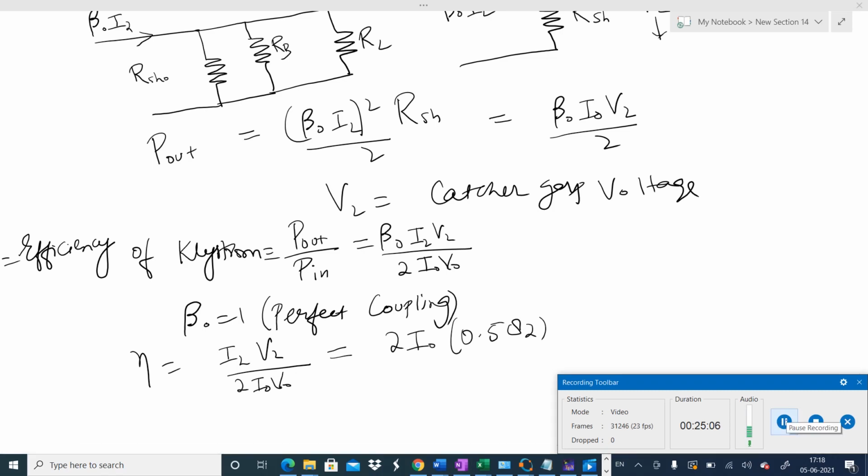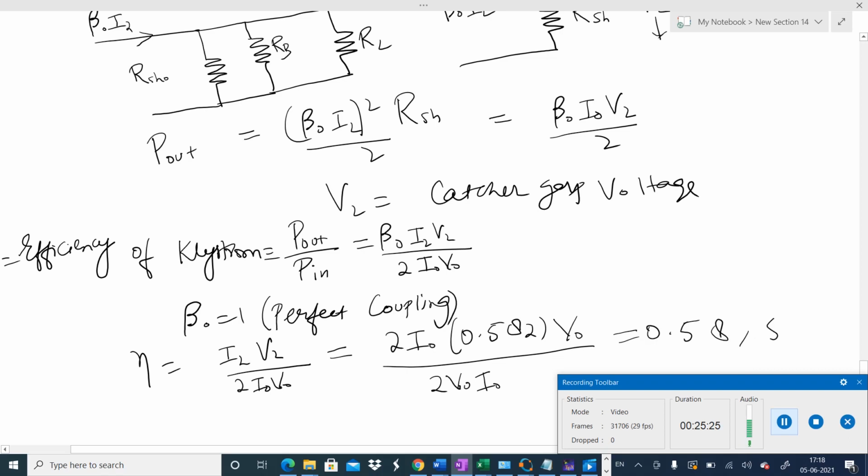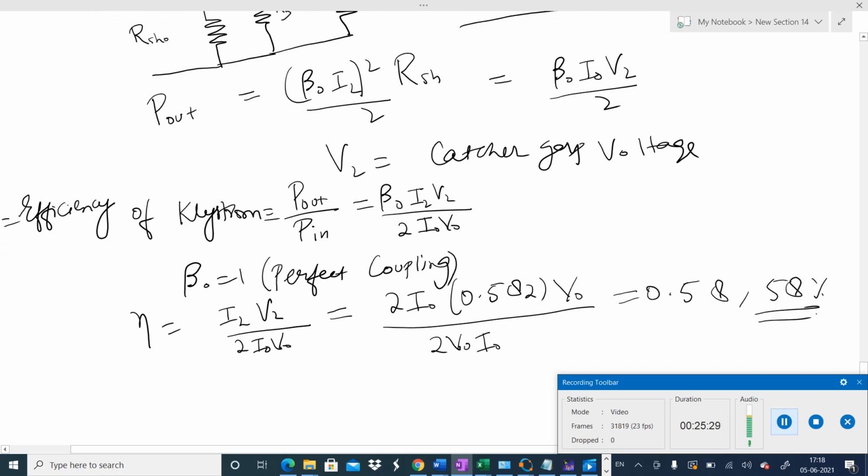In the perfect coupling case this voltage V2 will be equal to V0, divided by twice V0 I0, and this efficiency comes to about 0.58, which is 58%.